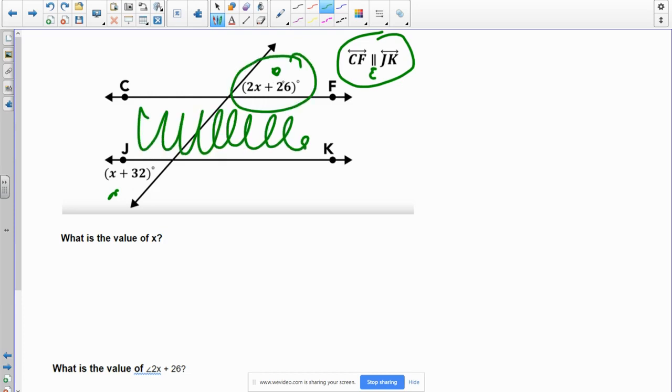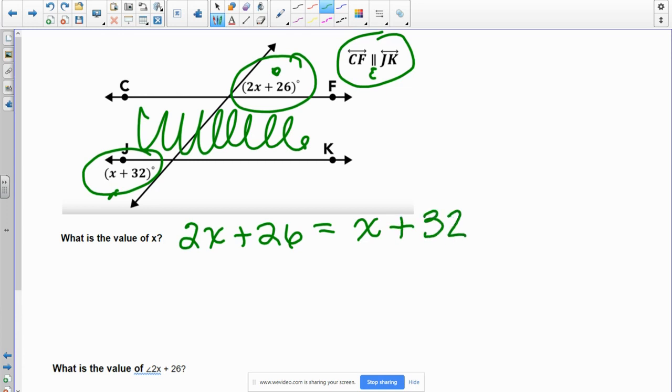So this one's on the left side of the transversal, this one's on the right side of the transversal. And if I go back into my notes, or I remember, they are the same degrees. They are congruent. So I can set up my equation as 2x plus 26 is equal to x plus 32 degrees.